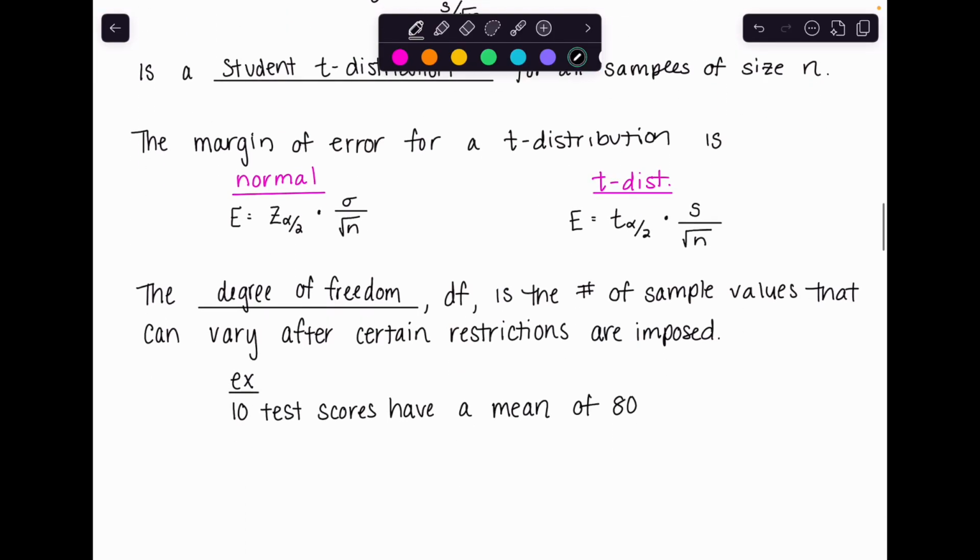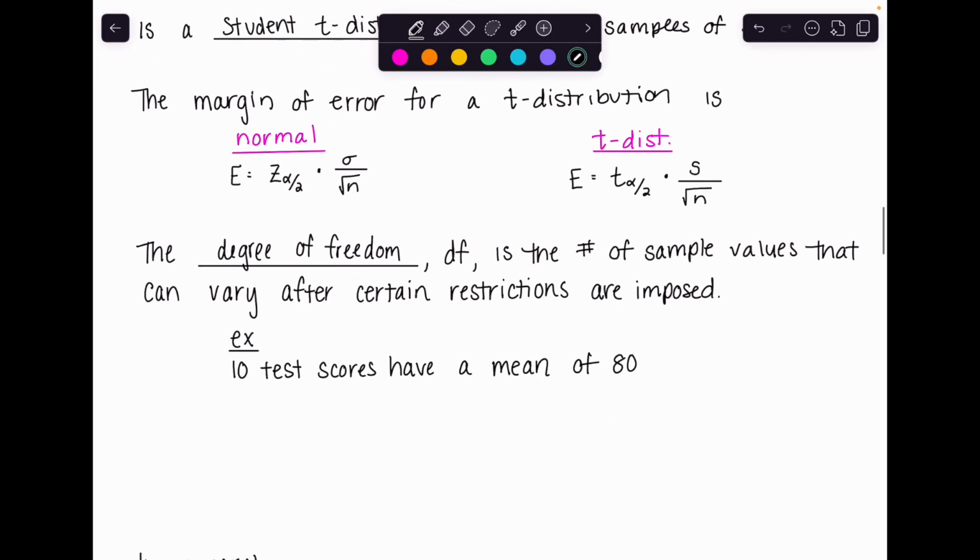So I want to consider an example for you. Say you have 10 test scores with a mean of 80. In this case, what that meant is when you added those 10 test scores together and divided by 10, the result is 80 to give you that mean.